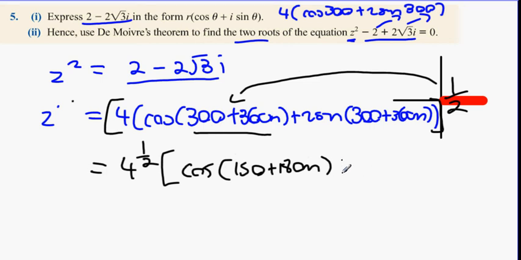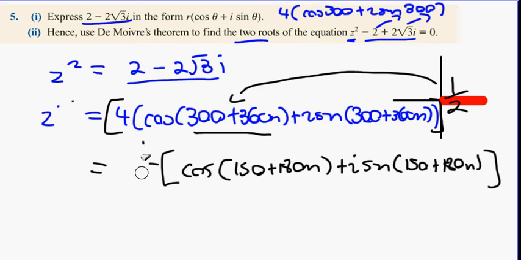And then that's going to be i sine 150 plus 180n. Now, that's what z equals.